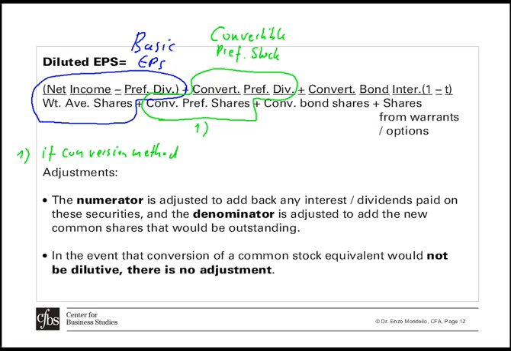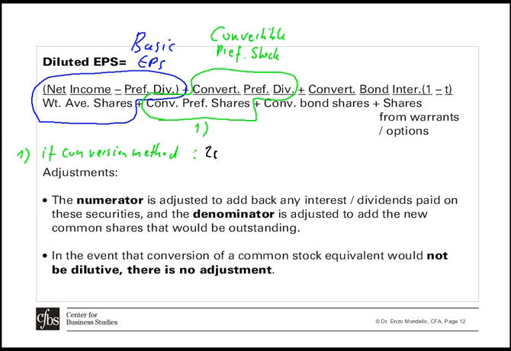For example, if the convertible preferred stocks can be converted into 200 common shares of the stock, let's assume that, right? Then in the denominator, we have to assume that the conversion took place at the beginning of the period. So the 200 common shares that are given to the preferred stockholders are included as of the beginning of the period.